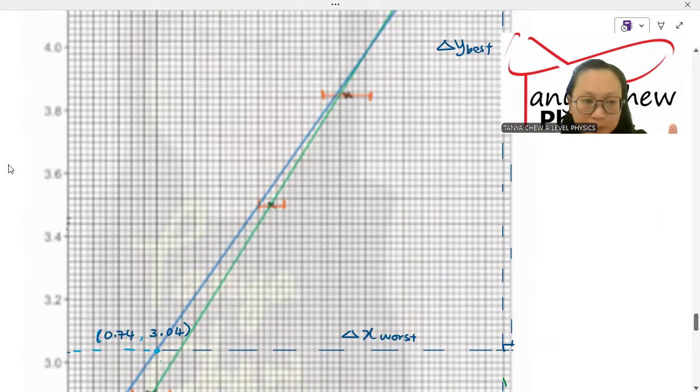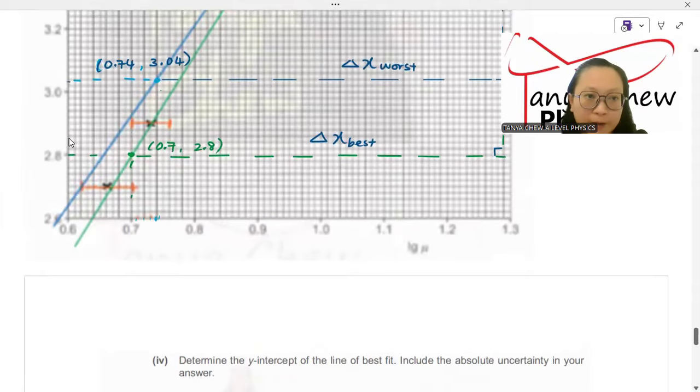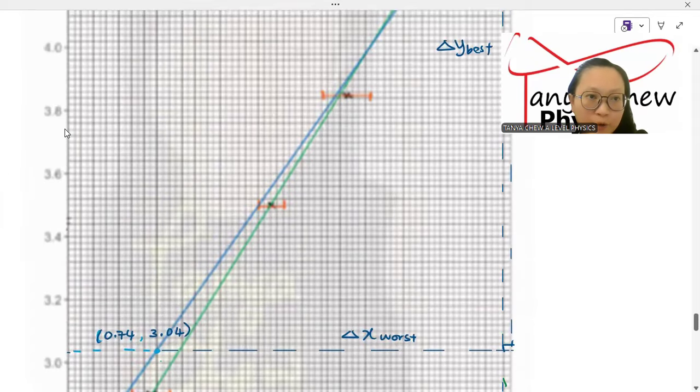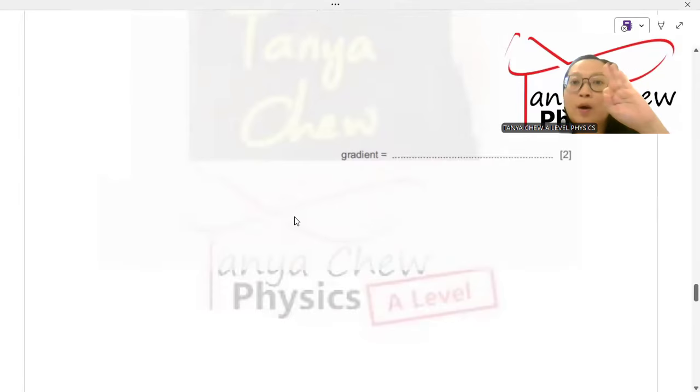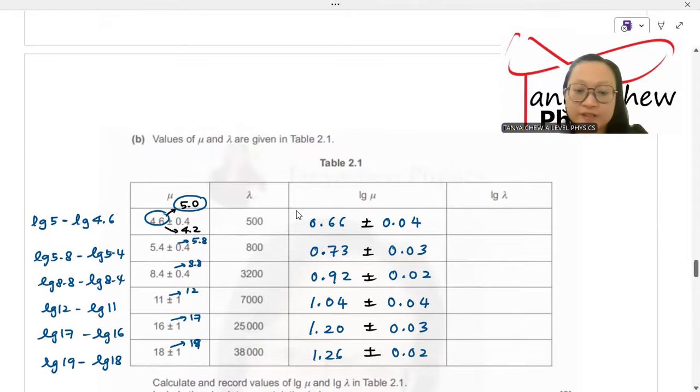You look at the example that I want to give you here, 3.8, 3.824, this is 3.81, 3.82, 3.83. That's 3 significant figures. So I would strongly suggest you round it off to 3 significant figures.